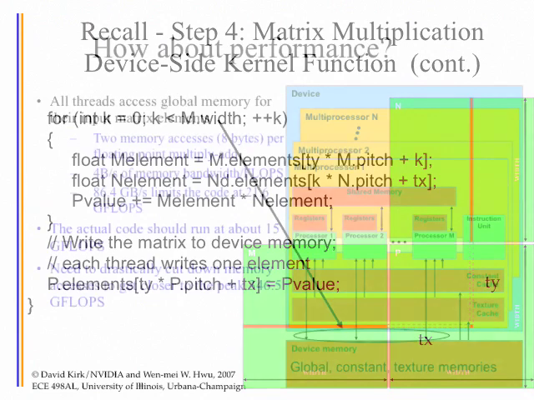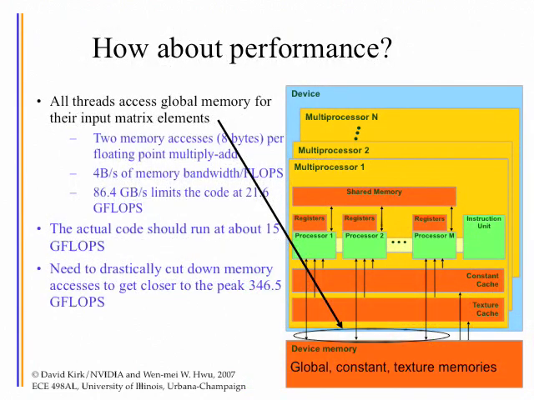Now, the problem with this is that all the threads access global memory for their input matrix elements, and they do it in a highly redundant way. Every input element is going to be read width times. That wastes a lot of the memory bandwidth. If you do a little calculation, for every floating point multiply add, which counts as 2 floating point operations, you'll also be doing 2 memory accesses.